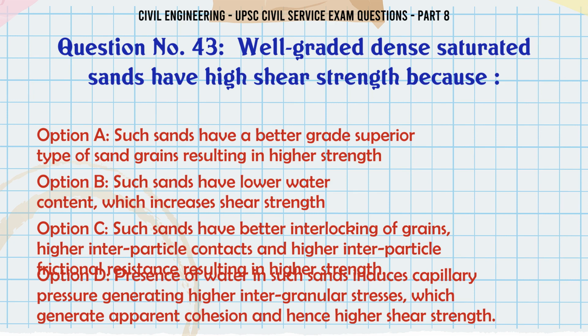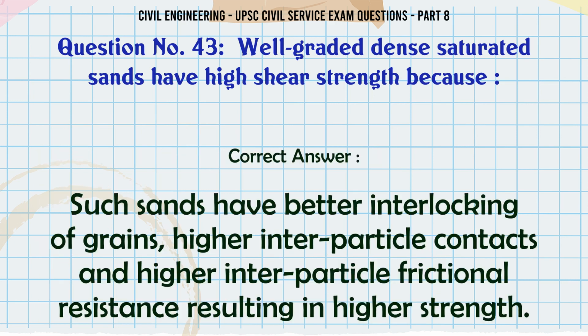D. Presence of water in such sands induces capillary pressure generating higher intergranular stresses which generate apparent cohesion and hence higher shear strength. The correct answer is such sands have better interlocking of grains, higher interparticle contacts, and higher interparticle frictional resistance resulting in higher strength.